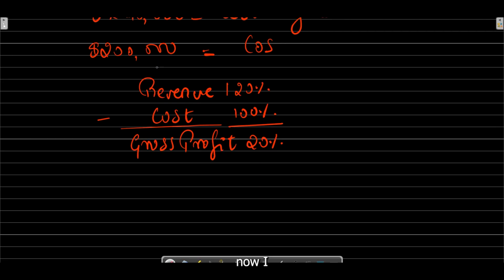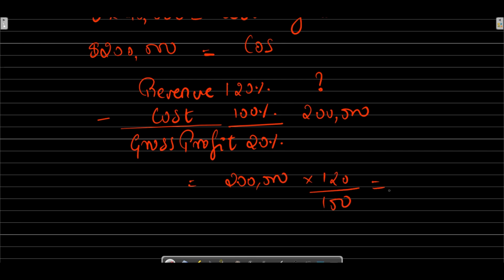Just now I calculated my cost of sales. This cost of sales is how much? 2 lakhs. So if cost of sales is 2 lakh and they have asked us to calculate revenue, just do a simple cross multiplication, that is 2 lakh into 120 divided by 100.